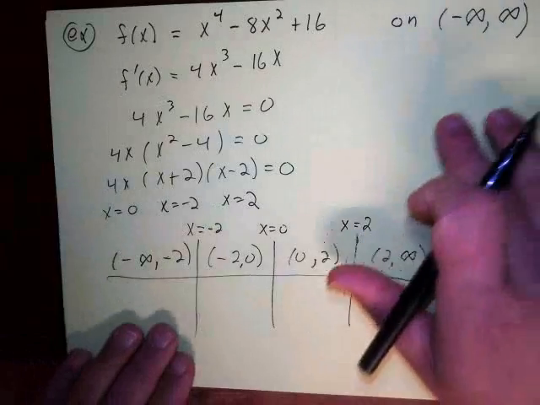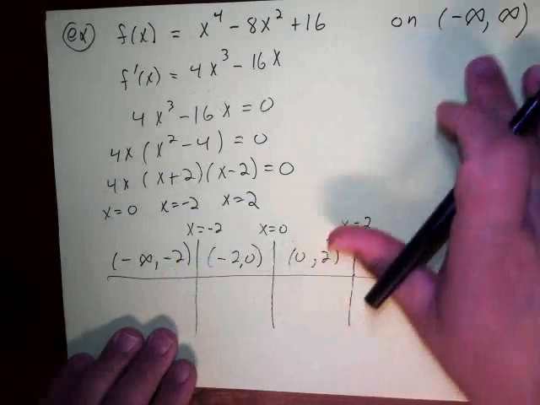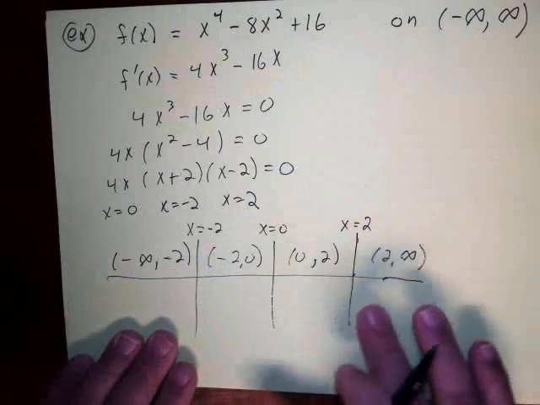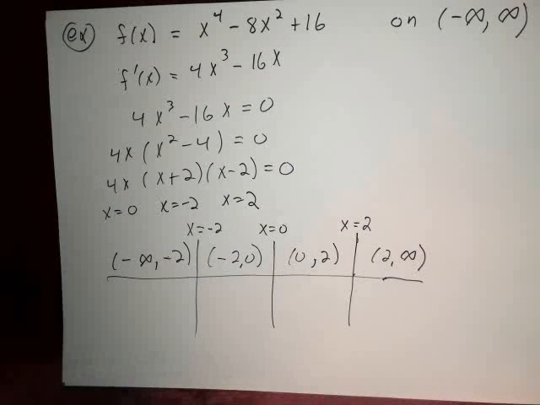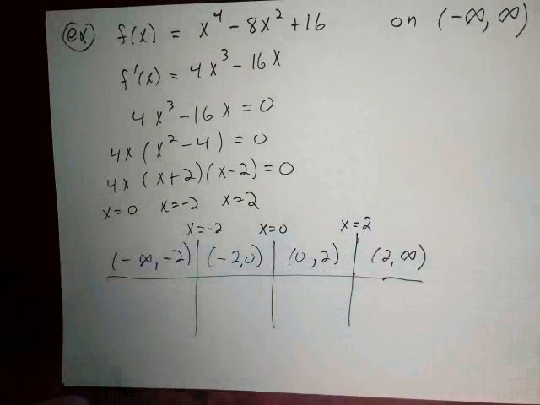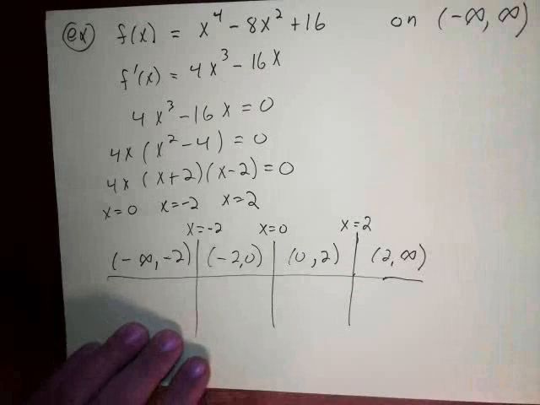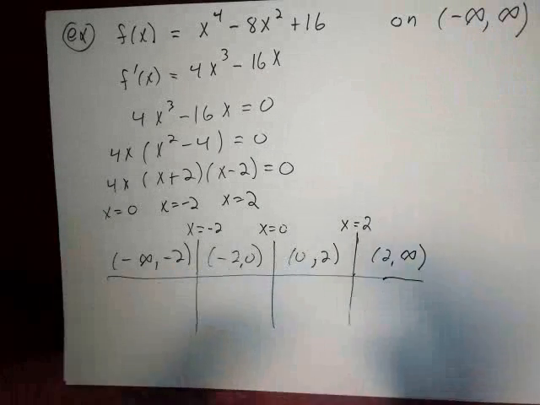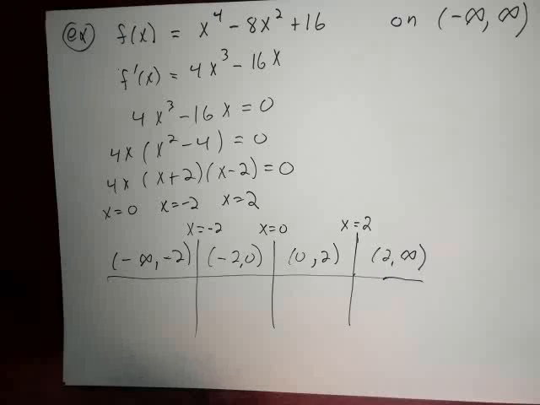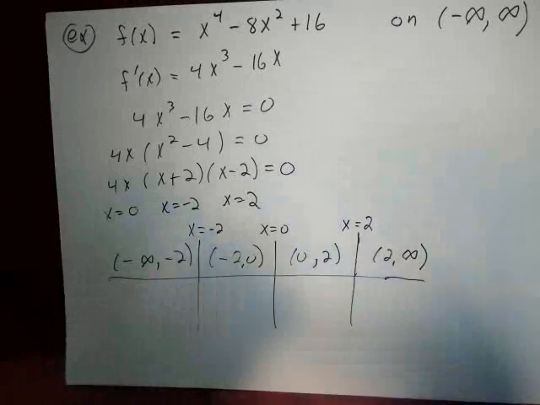So if you're good with that, and you can think about the derivative, or even graph the derivative and see when it's positive or negative, you can do that. Or you can graph the original.